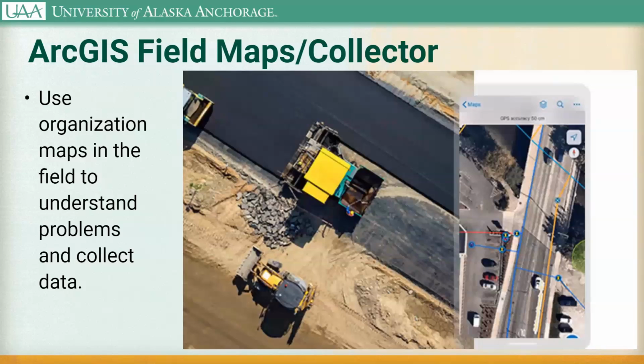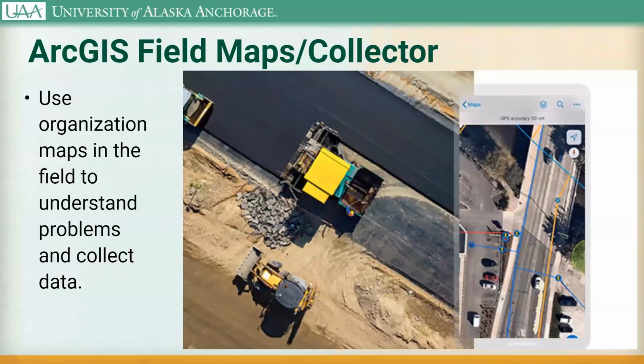So this is the tool that our project implemented and found really useful. And I use the Collector app. They're now replacing that with Field Maps. And essentially what this is, you publish a web map, just like we're doing right now.